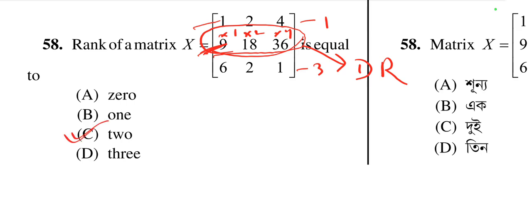Only row 2 is the linearly dependent row, but row 1 and row 3 are both independent rows. The number of independent rows of a matrix is the rank of the matrix. So the rank of the matrix is 2, because the independent rows are 1 and 3. So option C is the right choice.